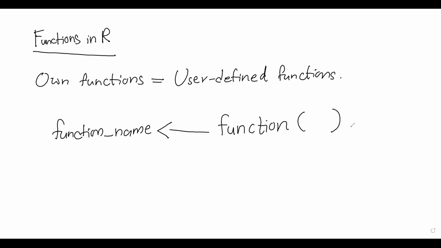If you have a couple of arguments, you can give them comma separated. And you open a curly bracket, you do something here, and you close the curly bracket. This is the basic format of a function.